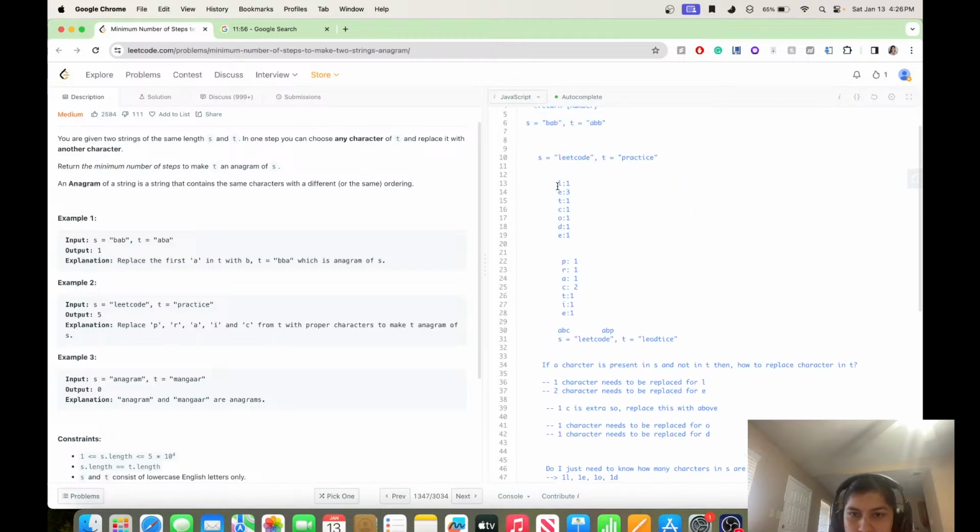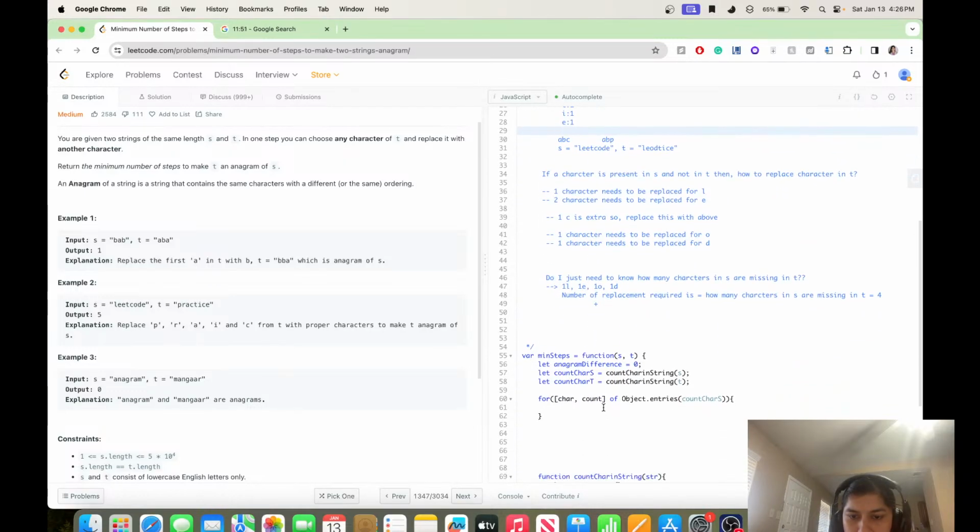so once I know this I'll see if it exists here or not. I guess it will just be anagram difference plus equals T character. So this will give me count character. Yeah, this will give me the count of character in T, right?